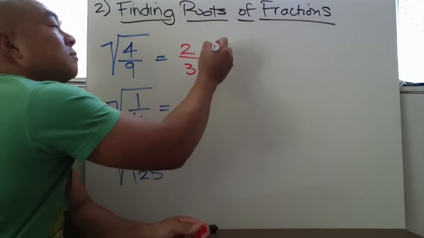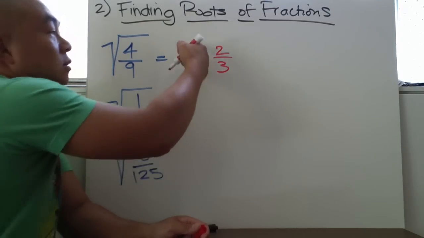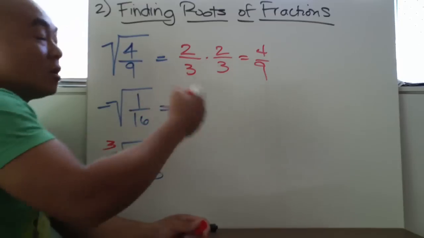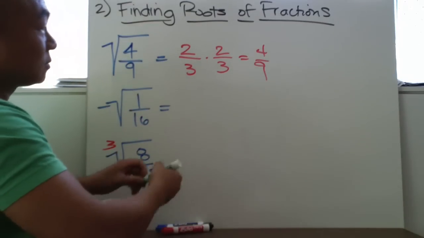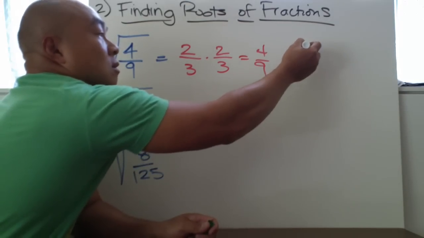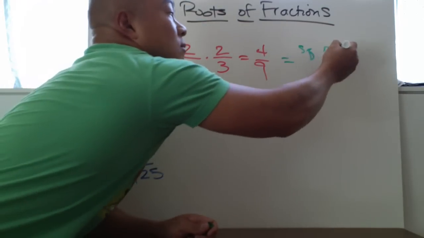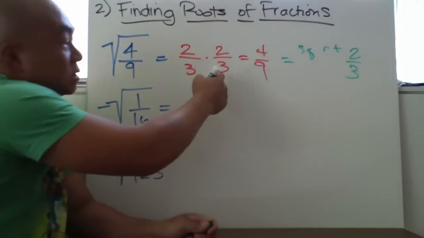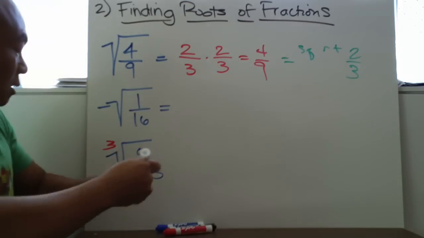Well, let's check it. That gives us 4 over 9, which is what we want inside here. So our root is going to be just one of those, 2/3.